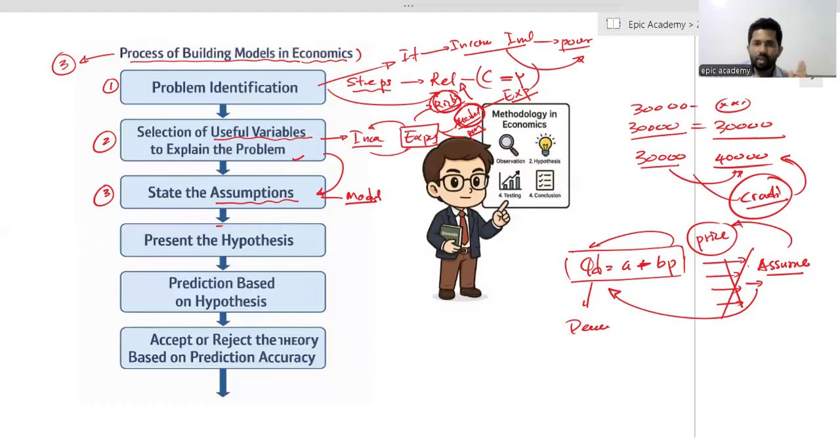But if you get the idea of how we can develop the model, you can understand other theoretical frameworks in lesson number 2 or 3. This is very important for you to understand the theoretical framework of this particular subject. That is why we need to discuss that.